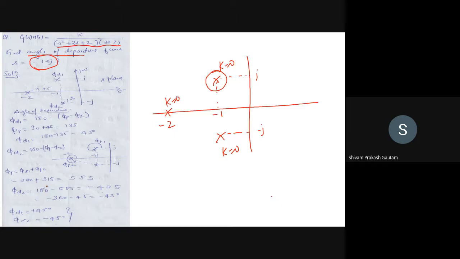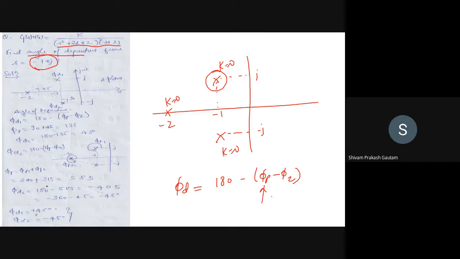Okay. So now how can we calculate the angle of departure? You know that the angle of departure is given by 180 degree minus phi p plus phi z, right? Where phi z is the net angle contributed by all other zeros, and phi p is the net angle contributed by all other poles to the pole under consideration.